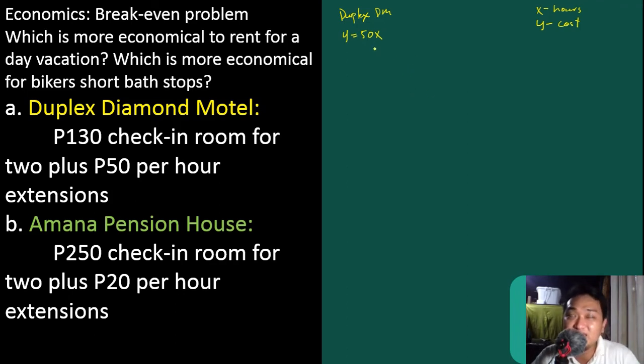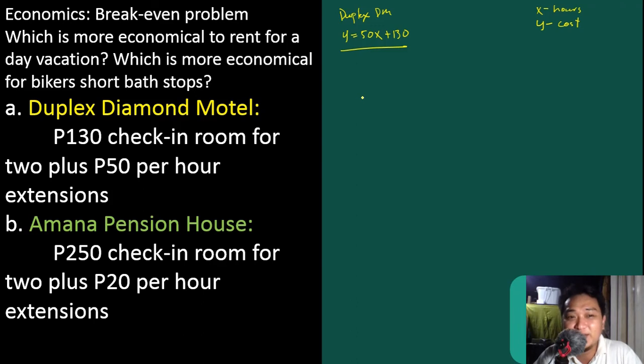So 50 times X, kada oras extension, plus 130. Fixed charge yan. Pag check-in mo pa lang, bayad ka agad ng 130 pesos. Tapos parang taxi, papatak yung metro kung gaano kakatagal nag-stay dun sa motel na yon. So this equation here will pertain to the Duplex Diamond Motel.